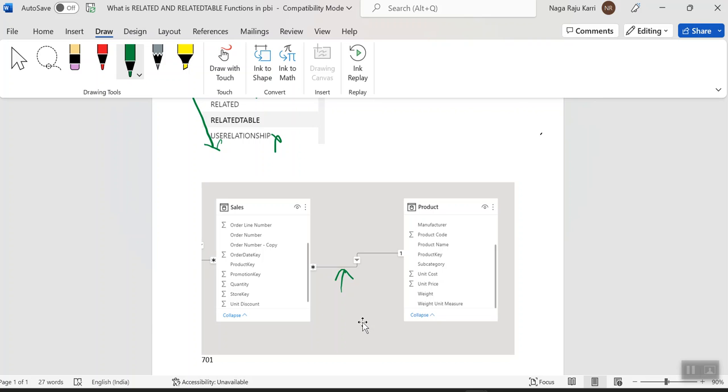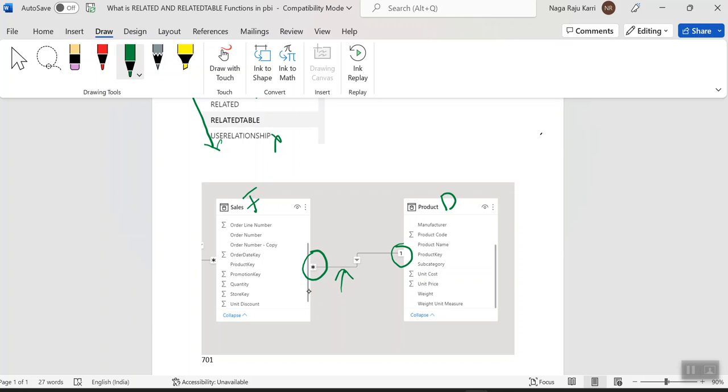If you come back to the model, I'm just explaining this with one dimension table and one fact table. As we know, the product table is the dimension table and the sales table is the fact table. We also know that the dimension table stands at the one side of the relationship and the fact table lies at the many side.